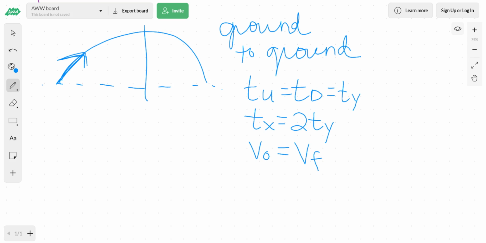In this particular one, we only have one height value, so the only delta y that you calculate, I would say for the most part, is the maximum value for height. So you can use the same equations that we did before to get time. So you could say that v final is equal to v initial plus acceleration times time. In this case, v final y, v initial y, and then it's going to be time in the y direction, which once you have time in the y direction, you use the equation that says time x is 2 times time y.